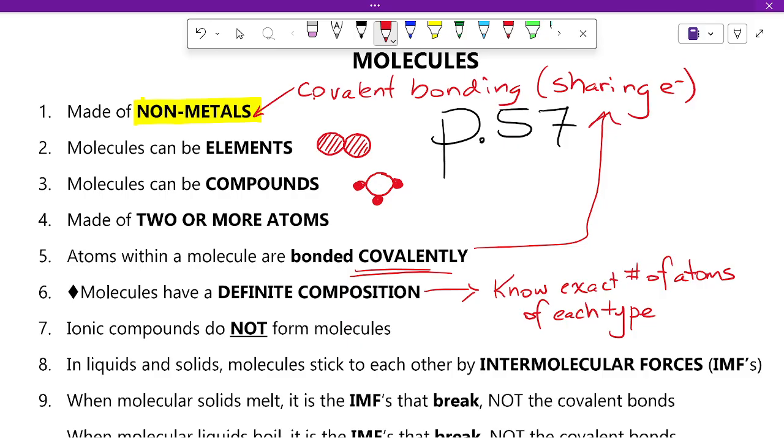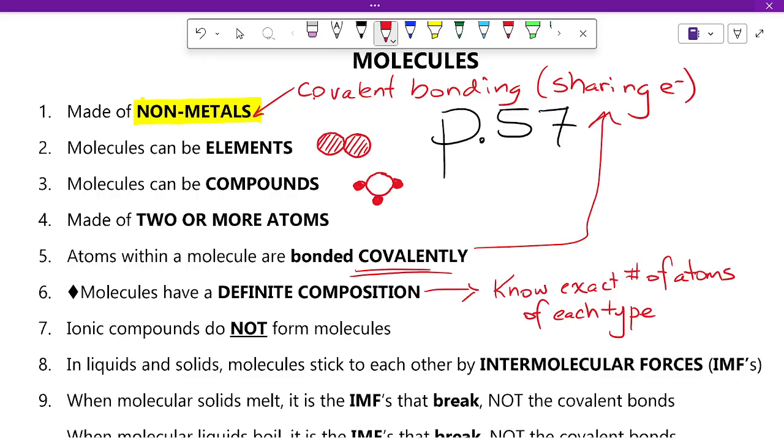No. The crystal lattice could be big. It could be small. We just know the ratio. We know that for sodium chloride, there's 1 sodium, 1 chloride. Maybe I have 200 and 200. Maybe I have 1 billion and 1 billion. Or if I have AlCl3, I know it's always going to be 1 aluminum for every 3 chloride, but I don't know how many I'll have in a big crystal and in a small crystal.